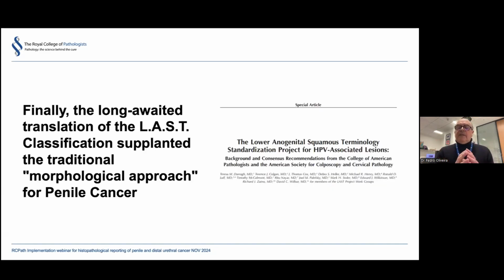So what is the main difference between the previous edition and the classification now on the penile cancers in the WHO is that finally, after a long period, we understood that the last classification that was endorsed by the College of American Pathologists, that means the lower anogenital tract terminology, was being introduced to penile cancer, changing the traditional morphological approach for the classification.